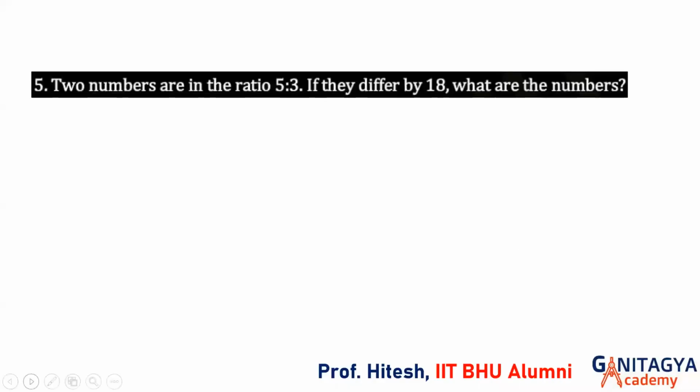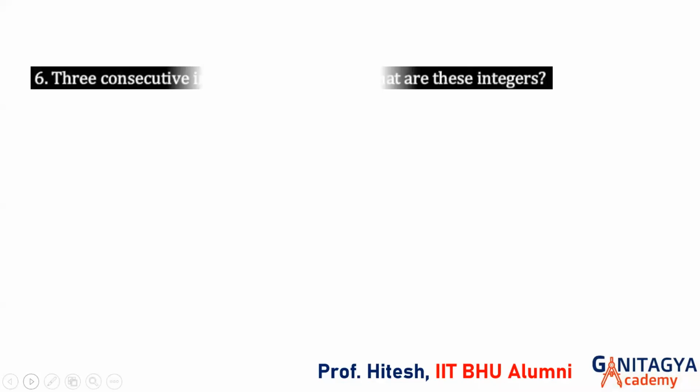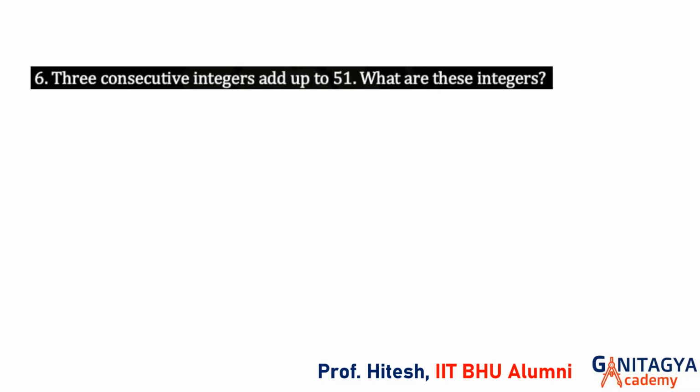Let me move to the next question. Very good speed. The next is, 3 consecutive integers add up to 51. What are these integers? Very easy question. See, what is said? We have 3 consecutive integers.